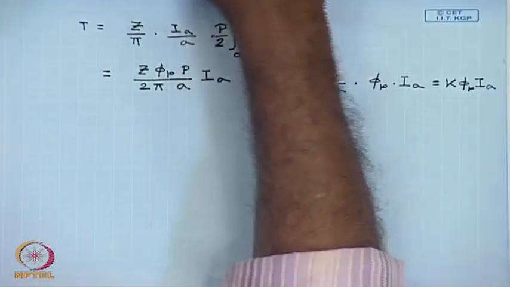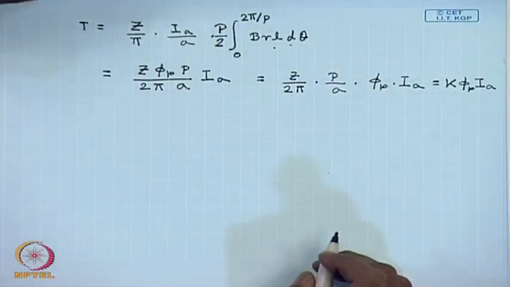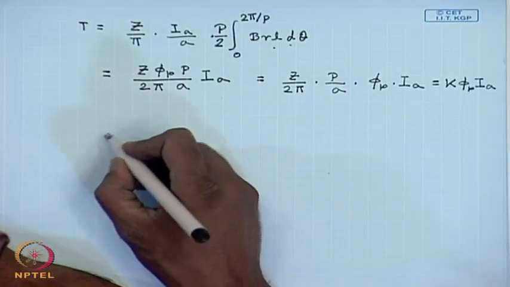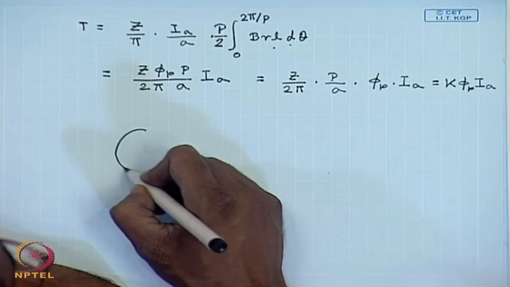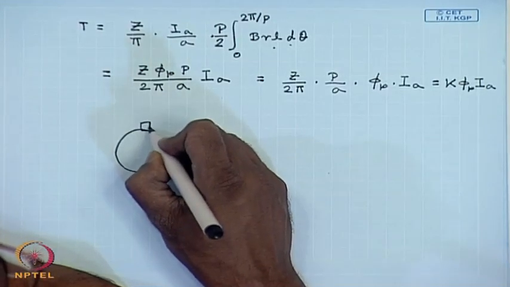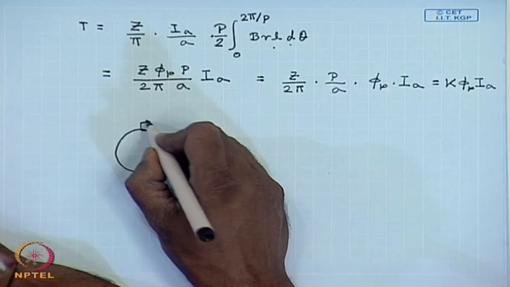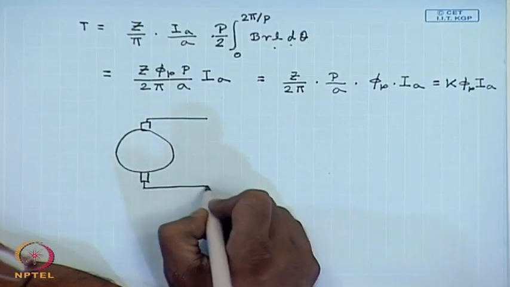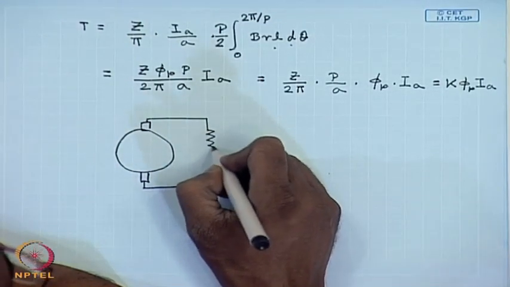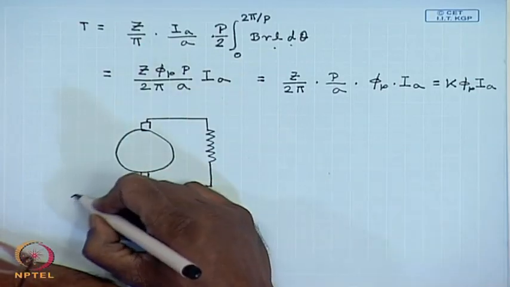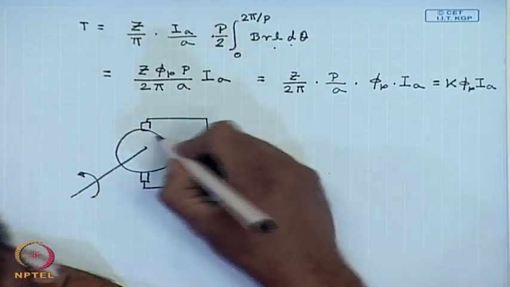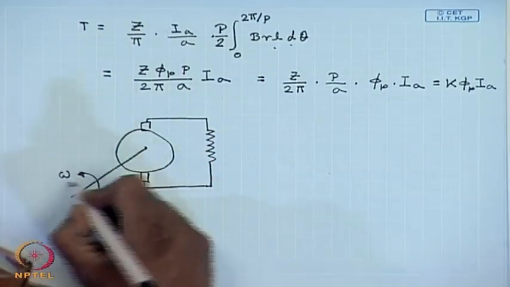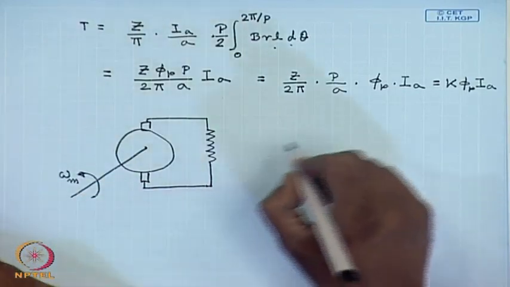This can also be shown from the power balance. Let us say this is the armature with the brushes, with an external resistance connected and being rotated in the direction at the speed of omega m.